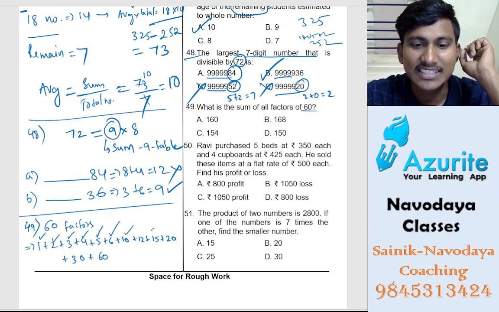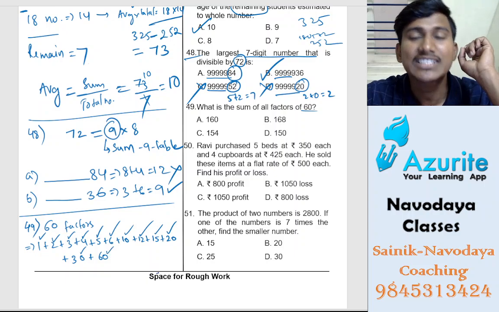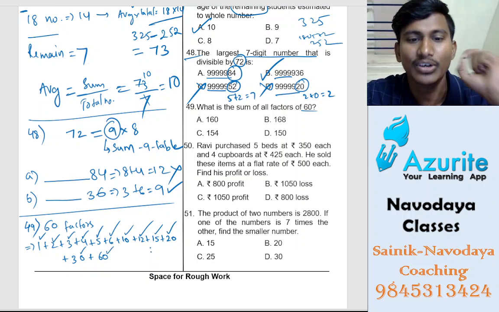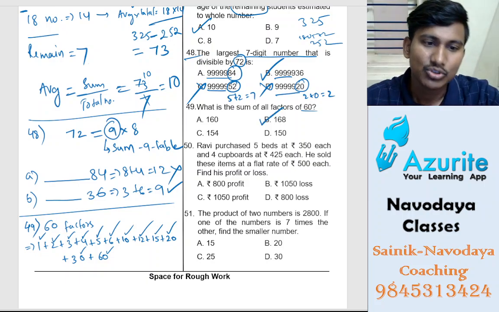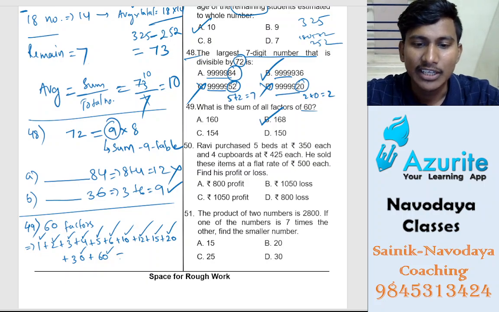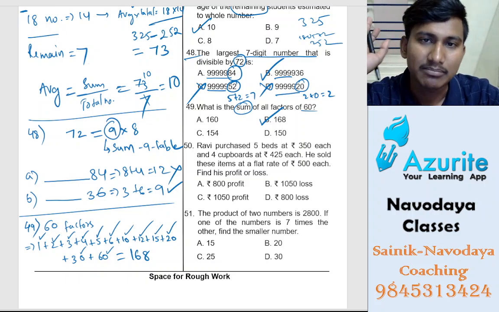Those are all the factors. If you add all of them, you will get the answer 168. They are asking to find the sum. Understood?